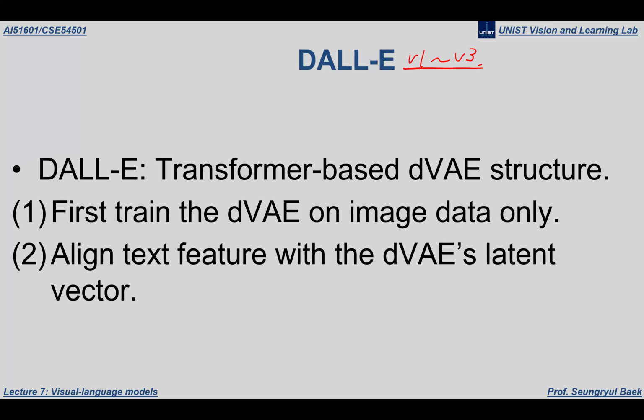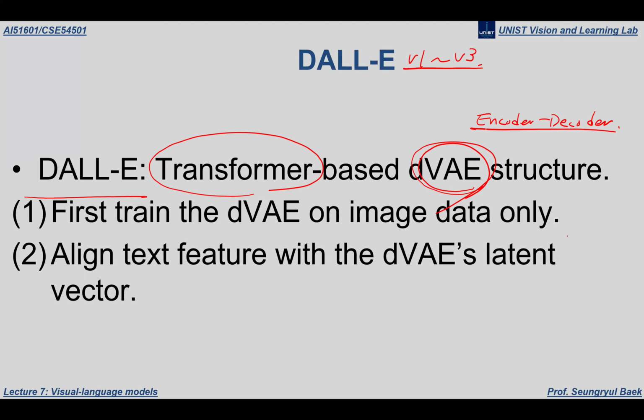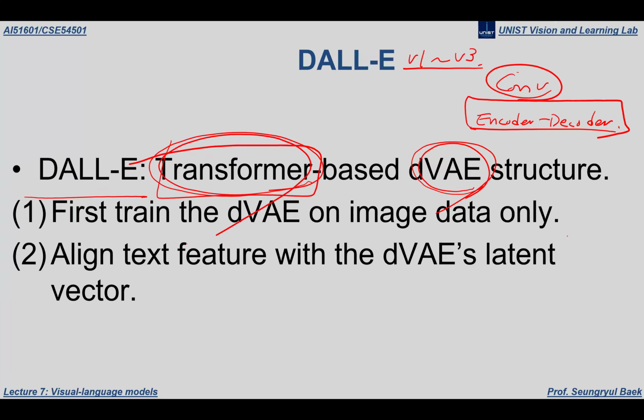Okay, and version 1 uses the transformer as the autoencoder. That's similar to the encoder-decoder architecture that we have seen before. But the previous encoder-decoder architecture was composed of CNNs, the convolutional operation, and now the difference is this DALI has a VAE structure using the transformer as the basic block.